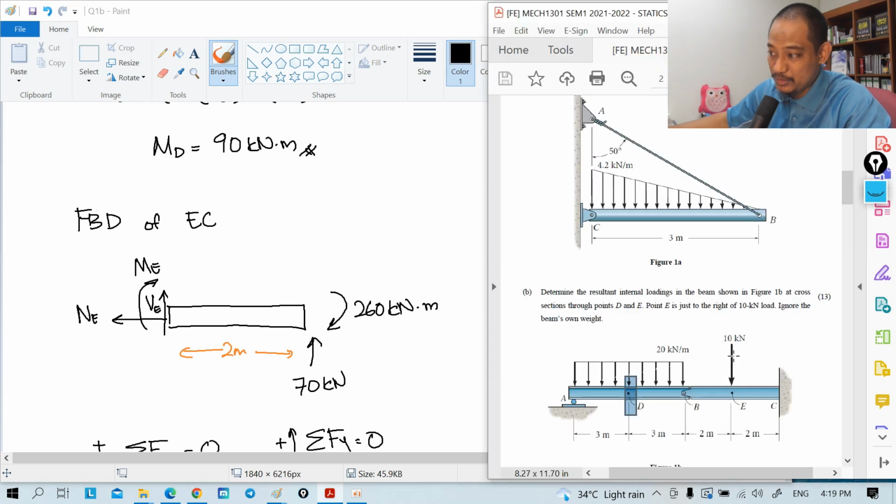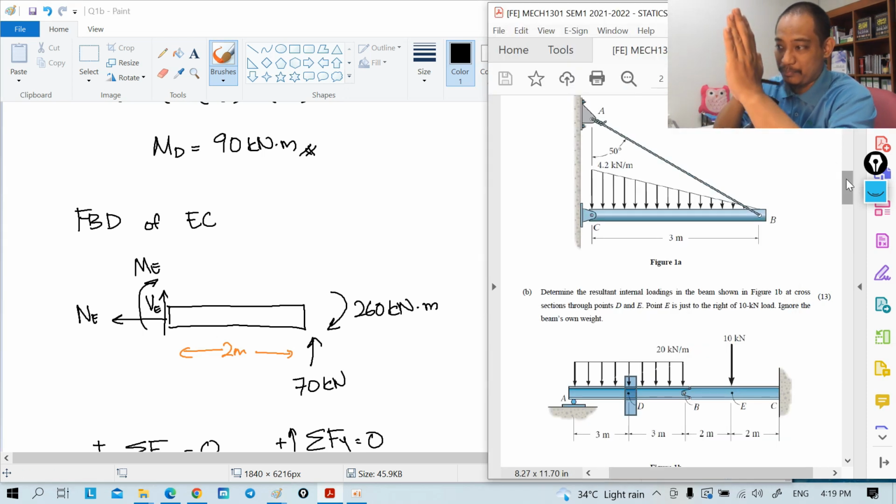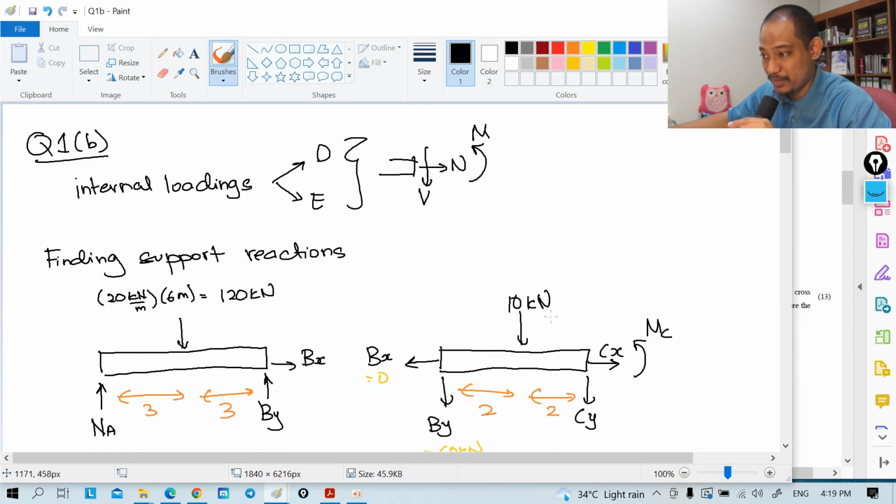So if we take the left side, this portion here, that 10 kilonewton should be there, right? 10 kilonewton, because point E is just to the right, so if we draw the left side, that 10 kilonewton should be there. And then at point B, we have this, right?